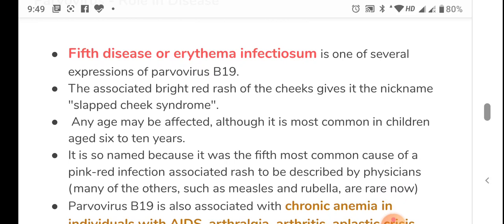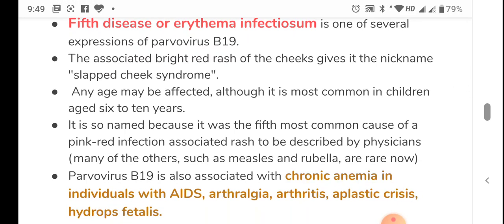So it is known as slapped cheek syndrome. At any age this virus may infect humans, but the most common age group is children between 6 to 10 years of age.